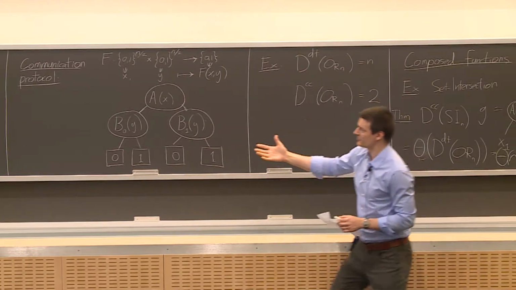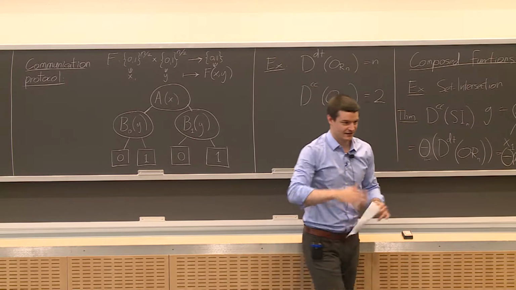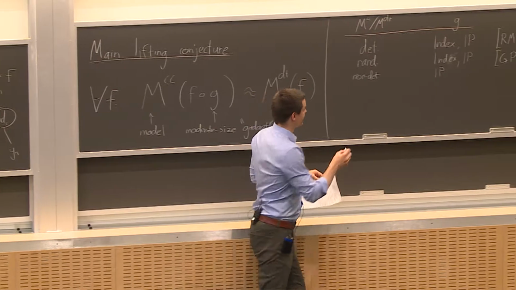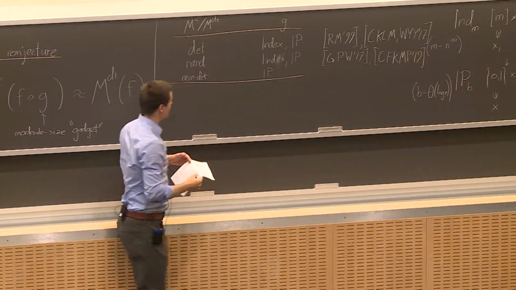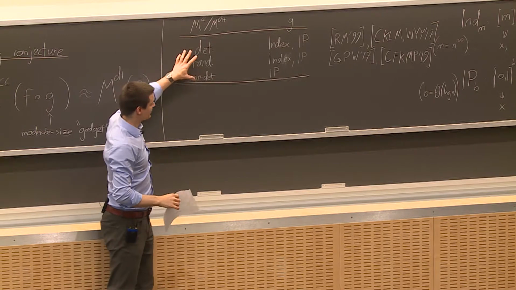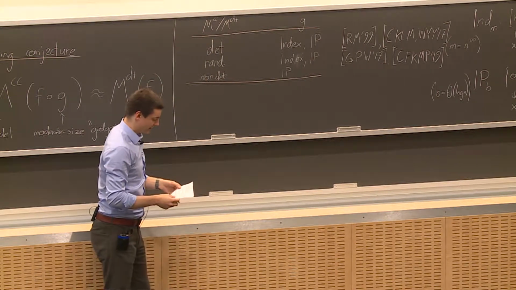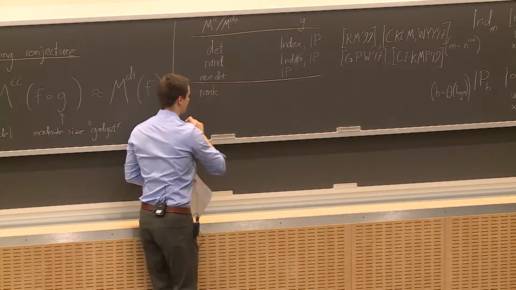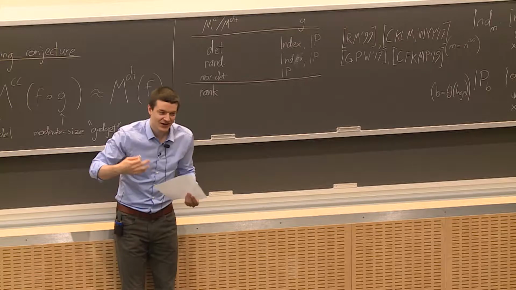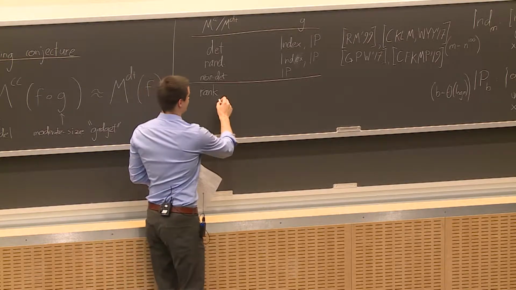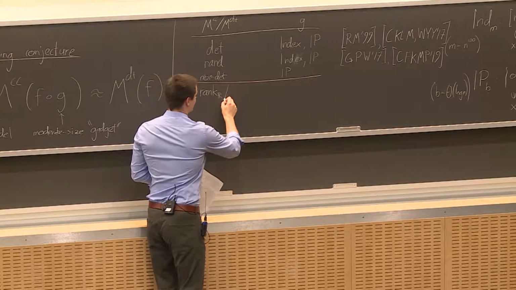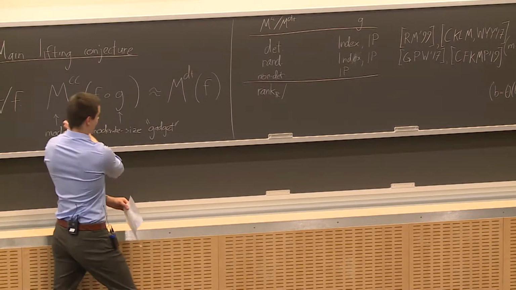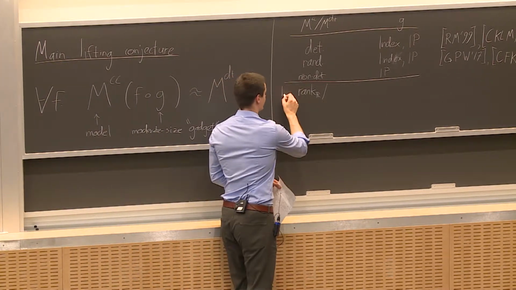And you could ask, what is the rank of such a large Boolean matrix? For these complexity measures, we also have lifting theorems, but they're slightly different in nature from the combinatorial ones. These are more linear algebraic ones. In that sense, the rank of a Boolean matrix is a communication complexity measure, rank over reals in particular. To be really precise, to fit into this mold, maybe I'll say log of rank.